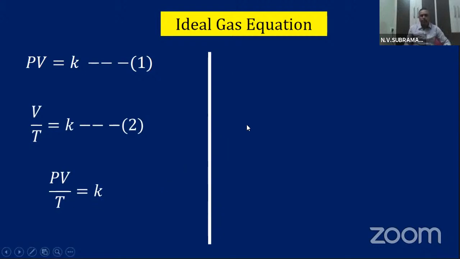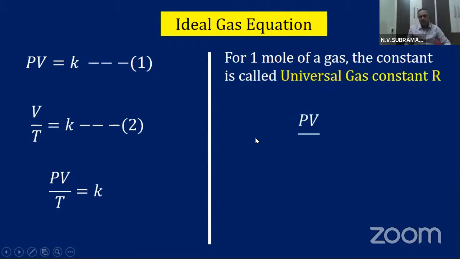If you take 1 mole of a gas at STP conditions, this K value will be called the universal gas constant. So for 1 mole of gas, the constant is called the universal gas constant. So PV by T is equal to capital R. What is it called?